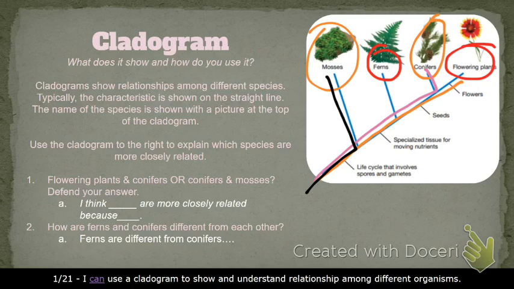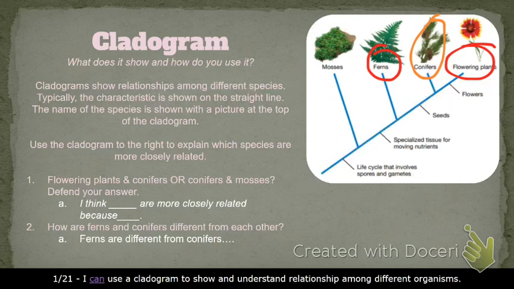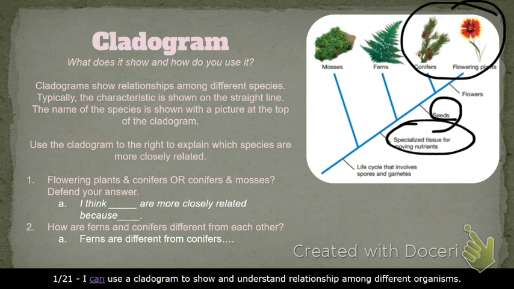You can use a cladogram to do that, or if you made a list of these characteristics, you would find that flowering plants and conifers share 3 of the 4 characteristics. They both have seeds, they both have specialized tissue, and they both have a life cycle with spores and gametes.